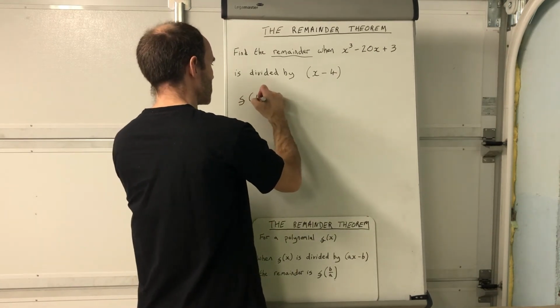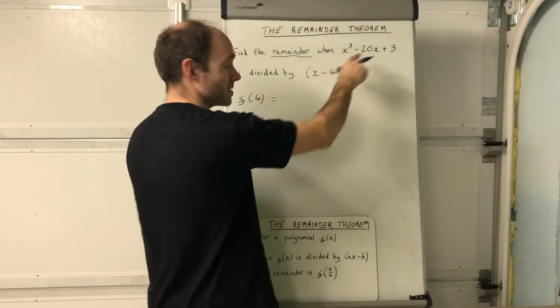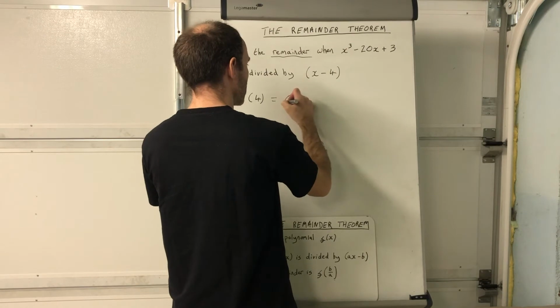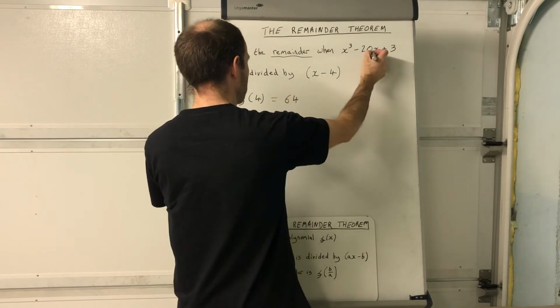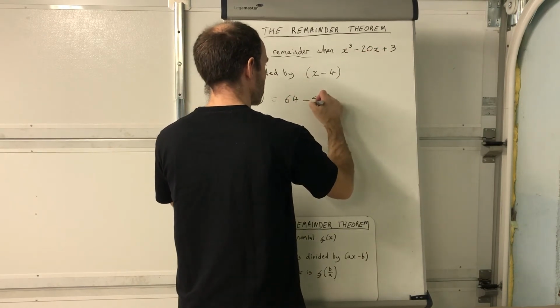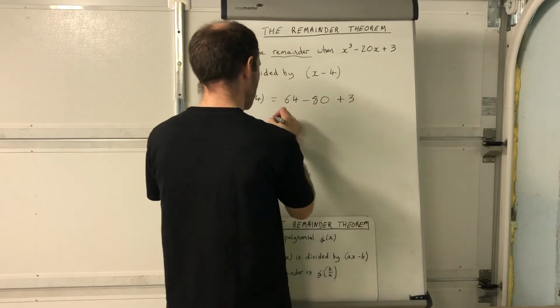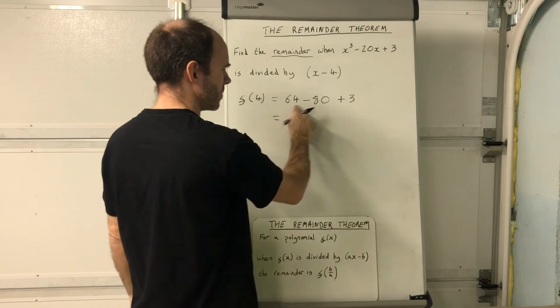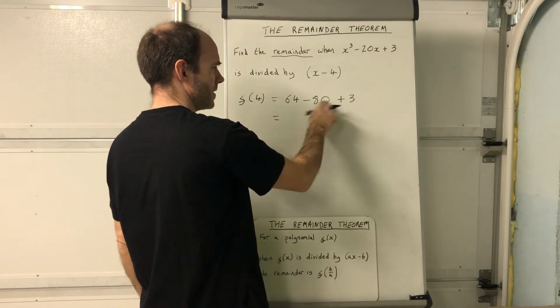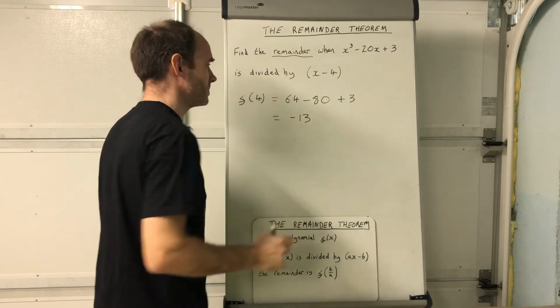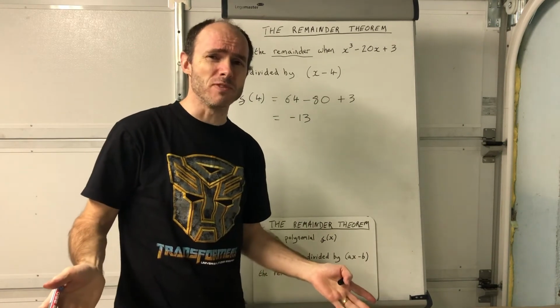So substitute x equals 4 into that, and whatever that answer is, that's our remainder. So 4 cubed, 64, and then 20 times 4 is going to be -80, isn't it? And then plus 3. So 64 plus 3 is 67, subtract 80, that's -13. That's our remainder, and that's how quick it should be, really.